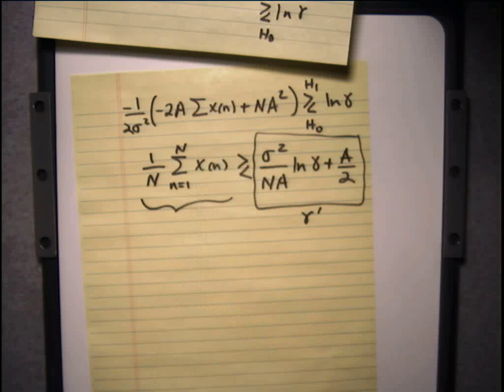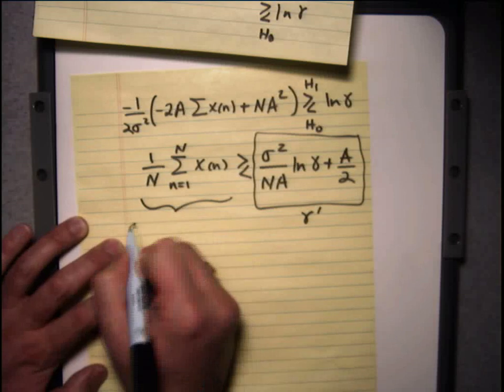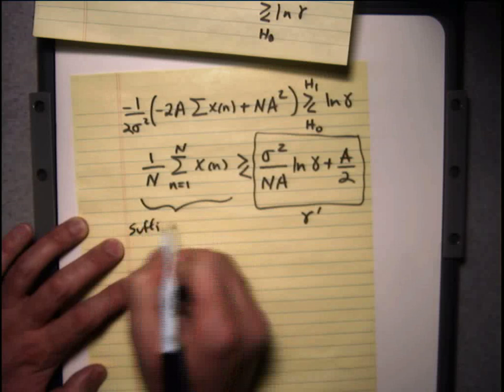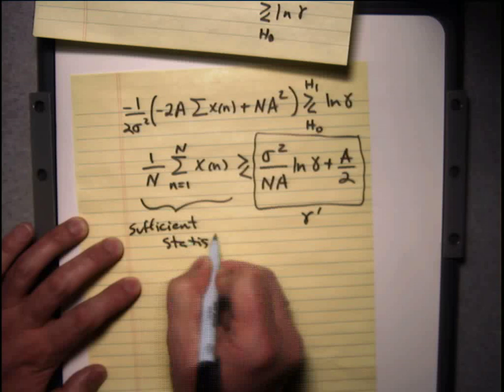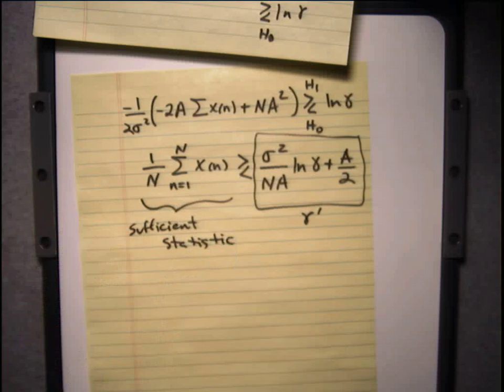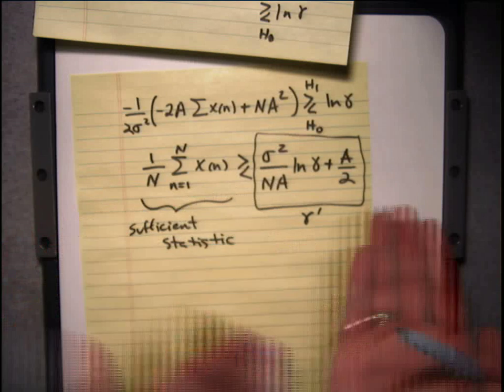So if I didn't give you the individual data points, but only gave you their average, you could still make this decision exactly the same. That's a special thing. This is called a sufficient statistic. Why is it called a sufficient statistic? Because knowing this is sufficient for you to make your decision.